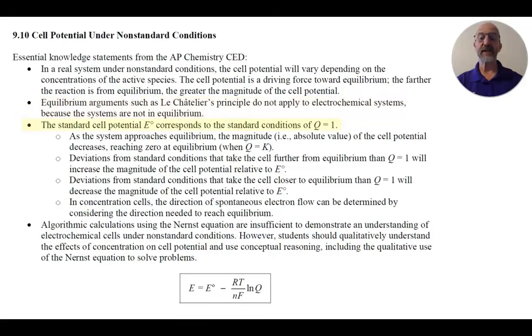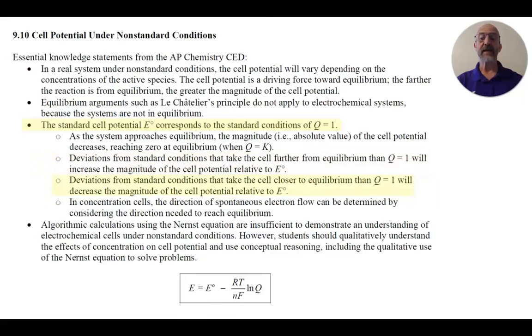The standard cell potential, which has the symbol capital E with a superscript 0, corresponds to the standard conditions of Q, the reaction quotient, equal to 1. Now, as the system approaches equilibrium, the magnitude, that is the absolute value of the cell potential, decreases, reaching 0 at equilibrium where the reaction quotient Q is equal to the equilibrium constant K. Deviations from standard conditions that take the cell further from equilibrium than Q equals 1 will increase the magnitude of the cell potential relative to the standard cell potential value.